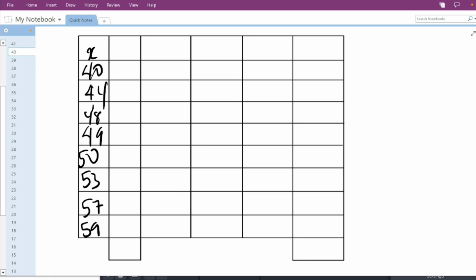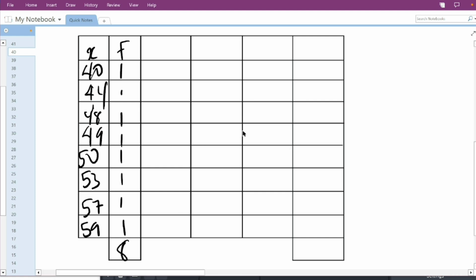They all occur once, so the frequencies are all 1. The summation of frequency is 1 plus 1 is 2, plus 1 is 3, 4, 5, 6, 7, 8. So we have 8.